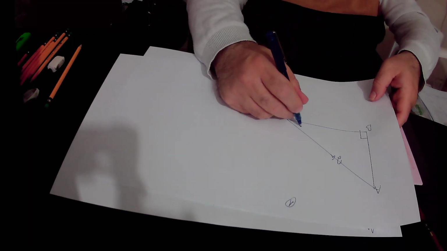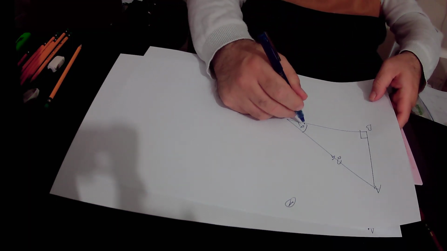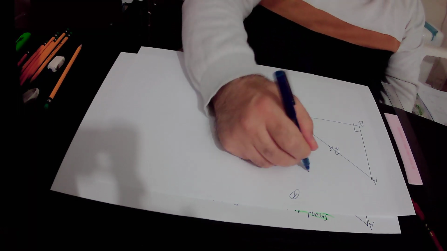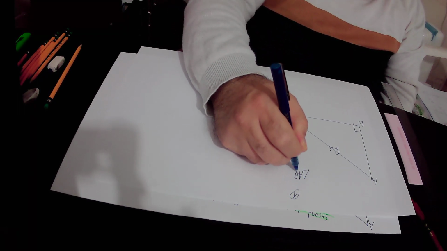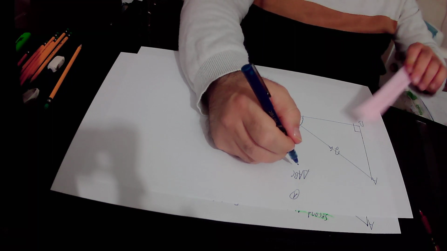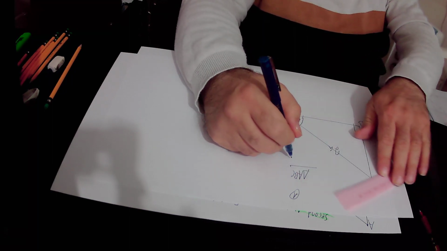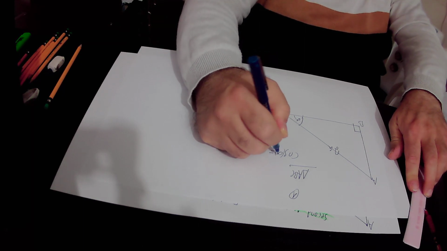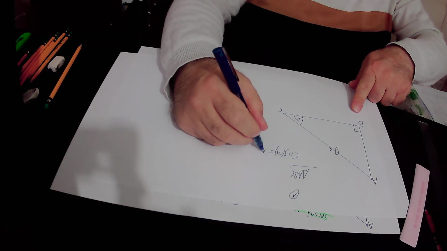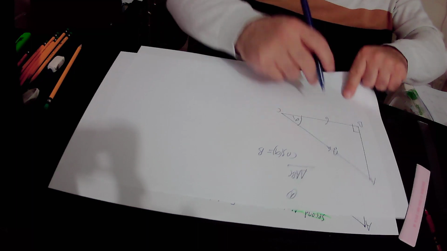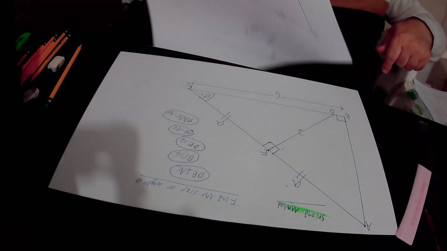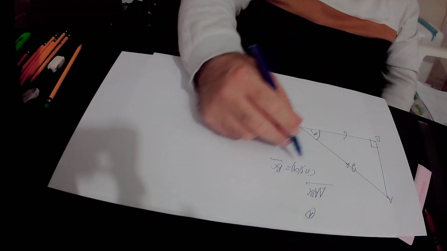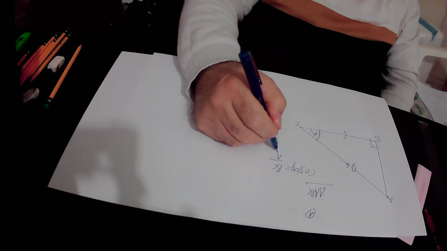This is angle alpha. So in the right triangle ABC, we will get that cosine alpha is equal to BC over the hypotenuse, that is AC.